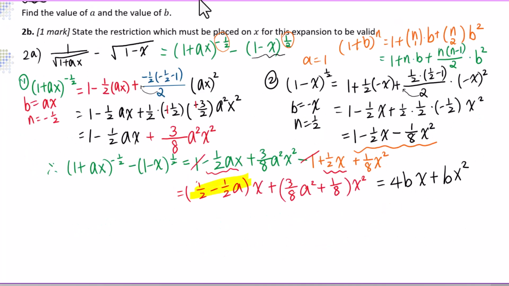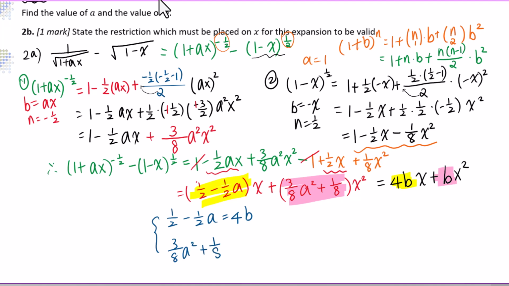The coefficient of x will be equal to each other. The coefficient of x squared will be equal to each other. So we set up this system of equations. 1 half minus 1 half a equals 4b. 3 over 8 a squared plus 1 over 8 equals b. First step, we need to get rid of the denominator.